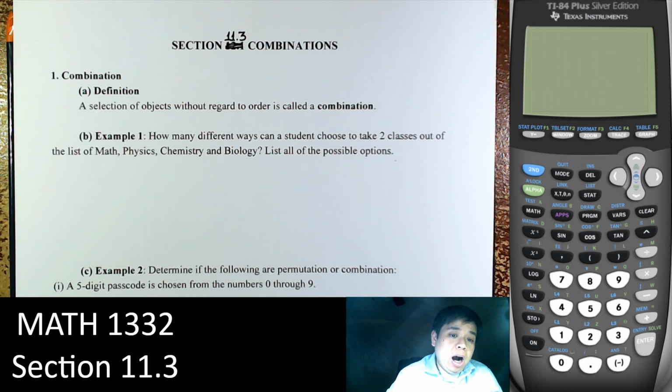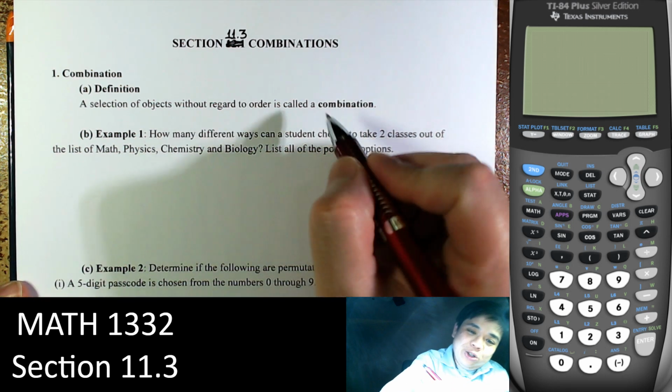Alright, we'll just go straight to the definition of a combination. A selection of objects without regard to the order is called a combination.